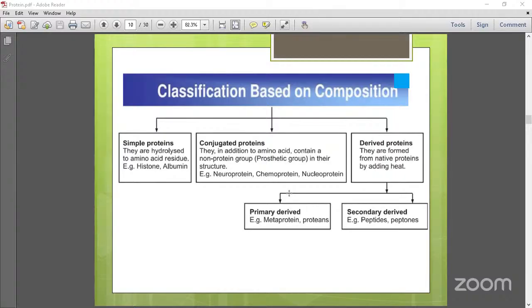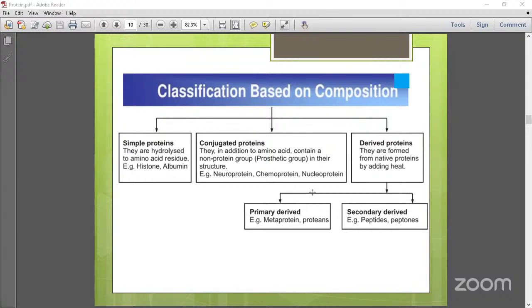When coming to the conjugated proteins, the name itself indicates that there will be an addition to the protein group. What is that? Here it is the non-protein group. The non-protein group, we consider as a prosthetic group in their structure. The examples for this are neuroprotein, chromoprotein, and nucleoprotein.